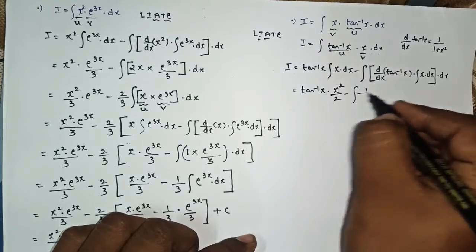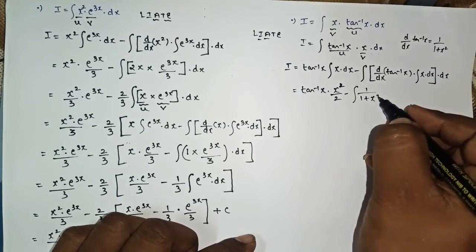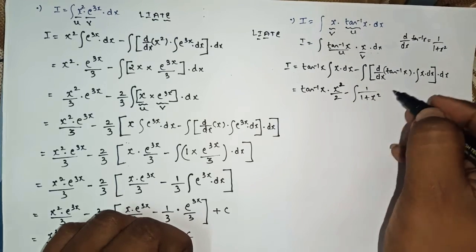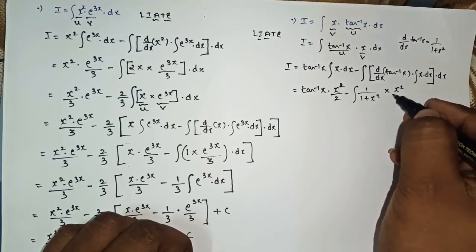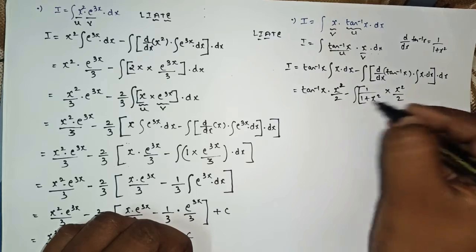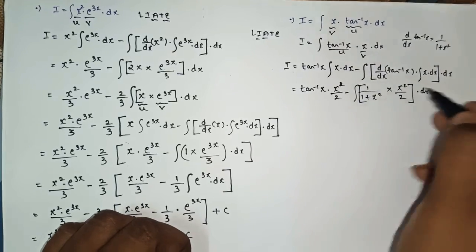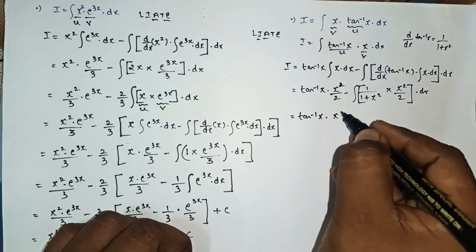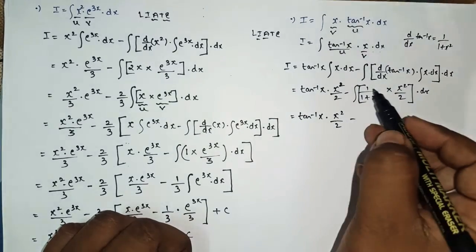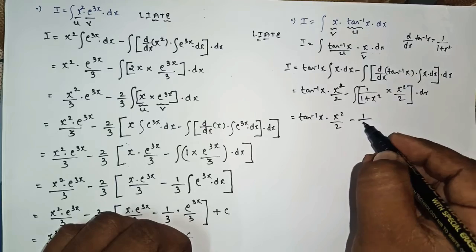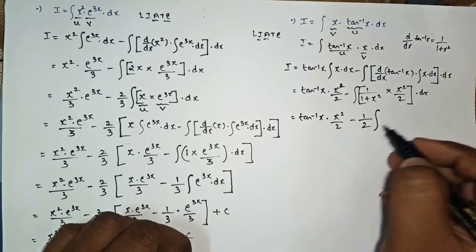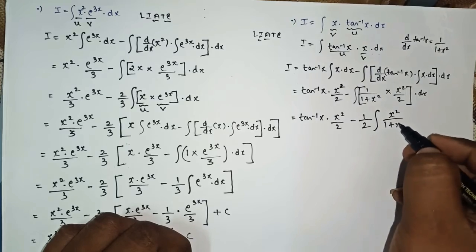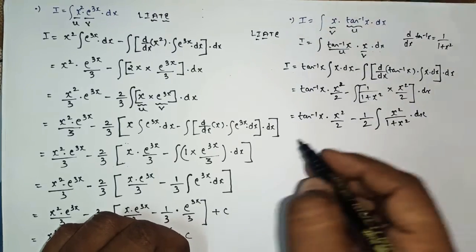So here we can write 1 upon 1 plus x square, and integration of x is x square upon 2, into dx. So tan inverse x into x square upon 2, and as 1 upon 2 is a number we can bring it outside the integral. So inside the integral we are left with x square upon 1 plus x square into dx.